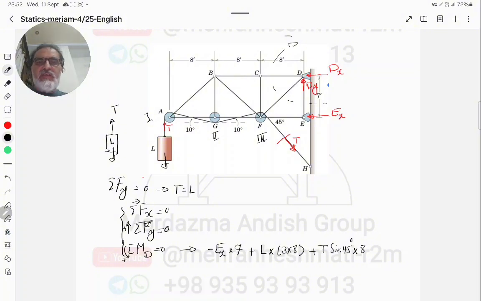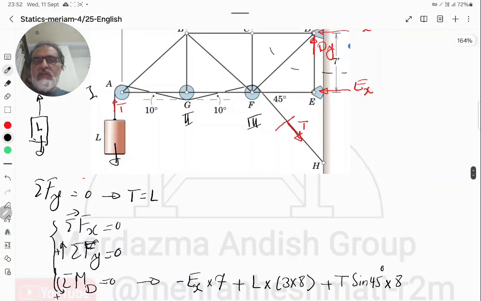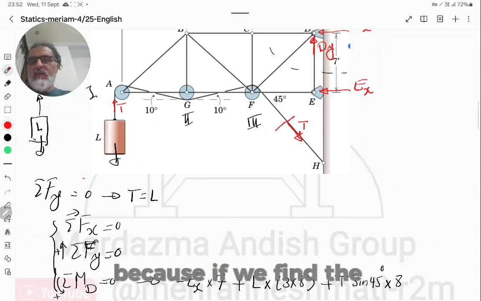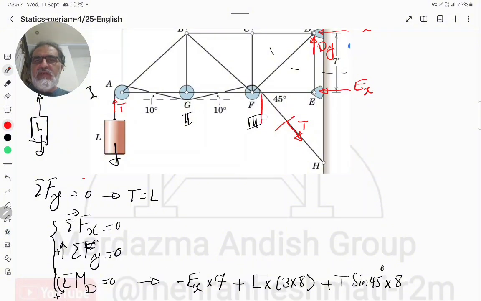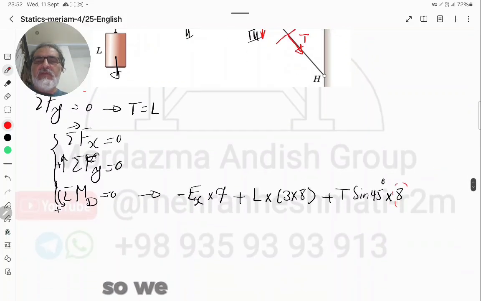We cannot write this term because if we find the component of T in this position, this and this, the distance is not correct. This term we cannot write.